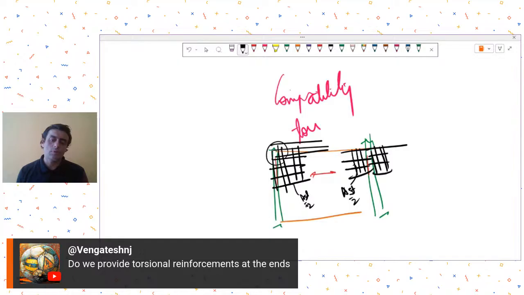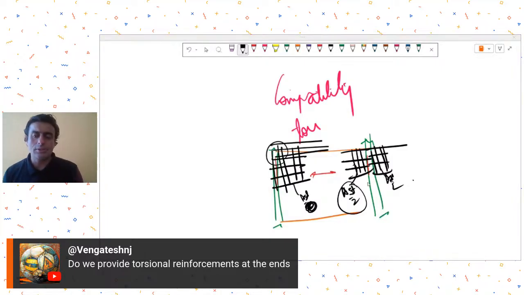So if the reinforcement provided at the corner was Ast, you provide Ast/2 over here. The calculations and requirements are given in the design SP, so you may read SP34 for details.